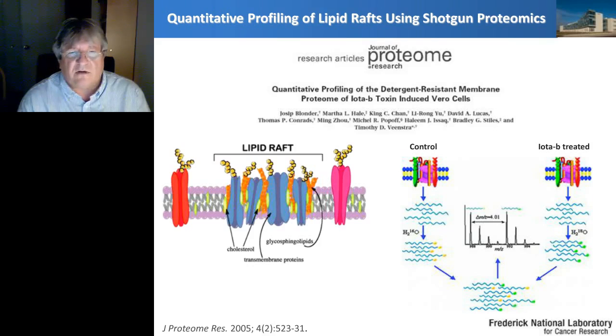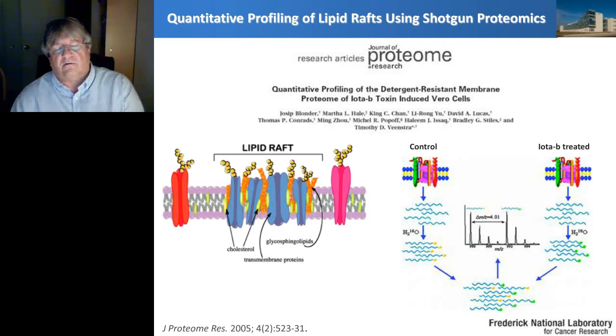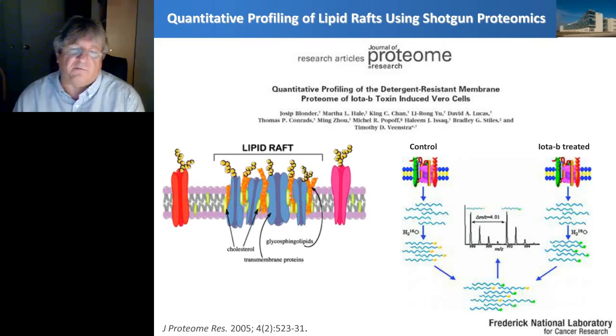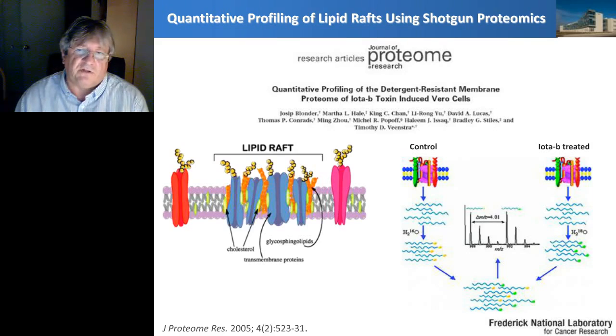Another interesting study was done on lipid rafts, which are the insoluble parts of the plasma membrane, and in 2005 we got into a collaboration with Bradley Stiles, and they were looking at what the binding partners are for iota B toxin in Vero cells. After we isolated lipid rafts from the cells that had been treated with iota B toxin and from the control cells, we again used O18 or O16 labeling to show the differences.